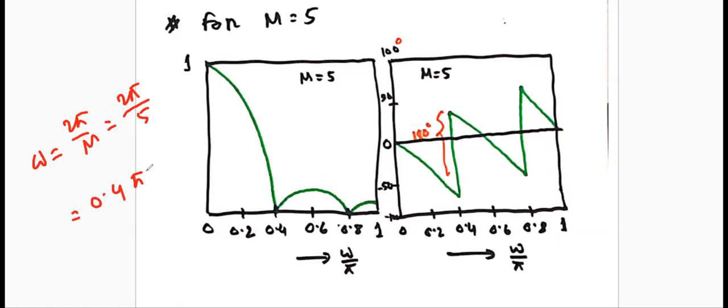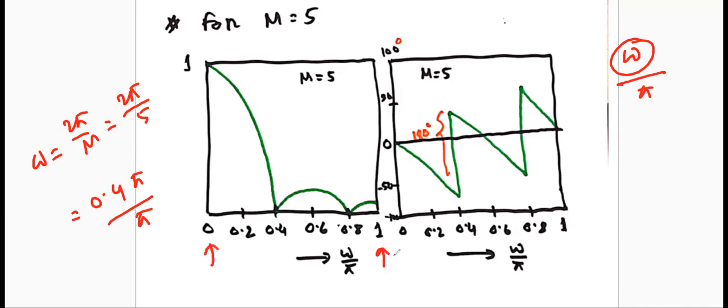If you divide by pi, what is the name of that omega? We call it normalized frequency. If we normalize the frequency with pi, then the scale is starting from 0 to 1.